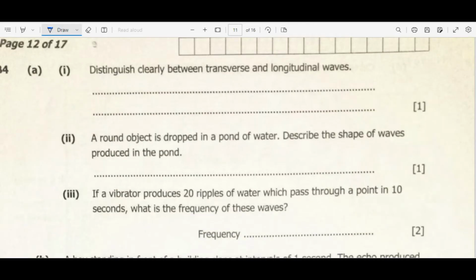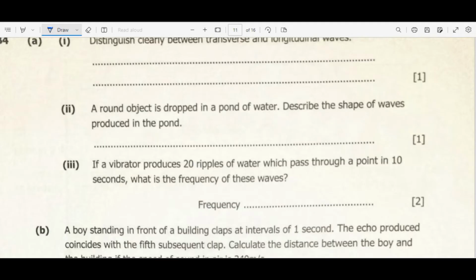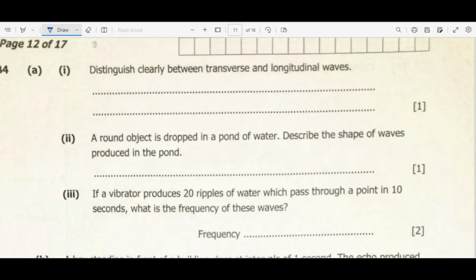Right, we move on to question 4. Under question 4, Roman number 1, we just want to give a clear distinction between transverse and longitudinal waves. The difference you can come up with is how the particles vibrate.